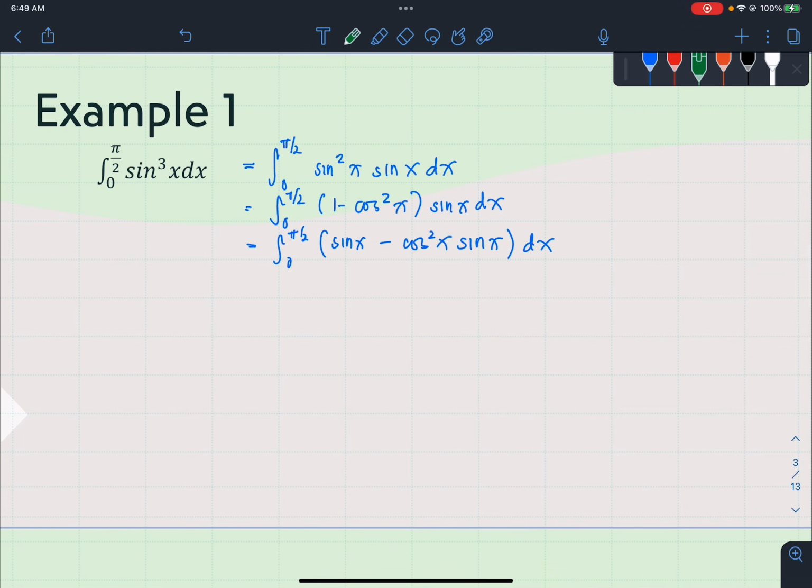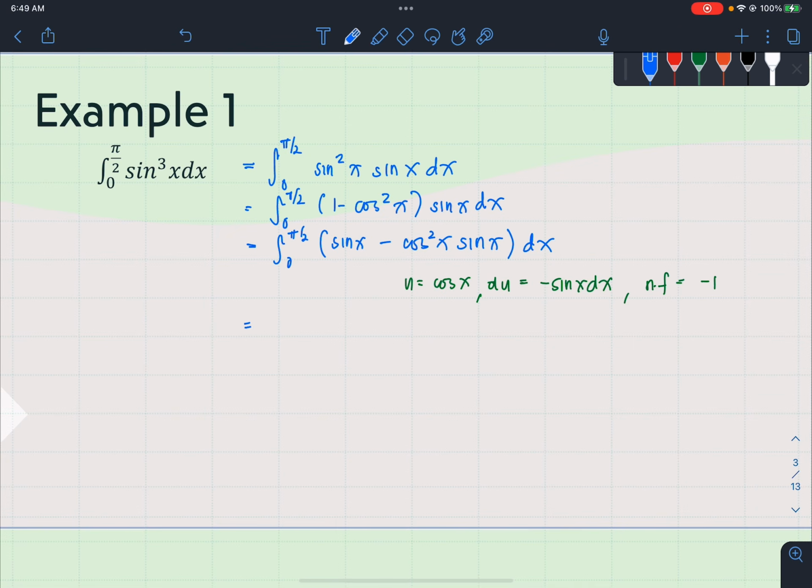Then we can now integrate this. So sine x can be integrated, which is negative cosine. And cosine squared x and sine x can be integrated using the power rule. So making our u to be cosine x. And then once we differentiate it, du will be equivalent to negative sine x dx. And we could have a neutralizing factor of negative 1.